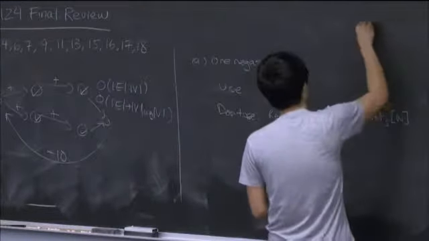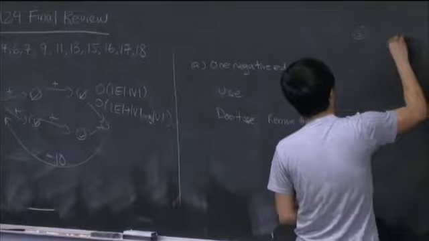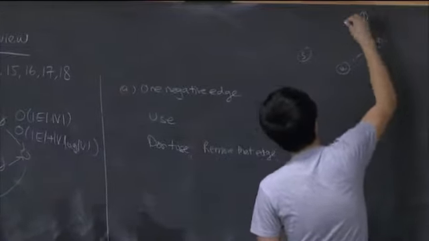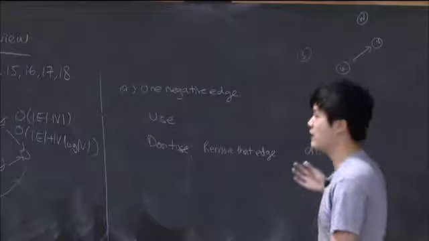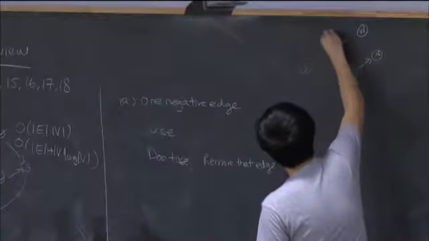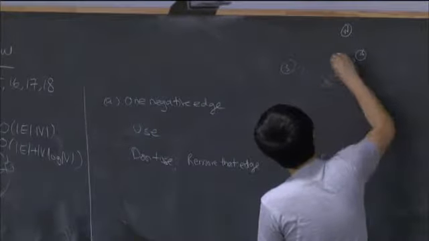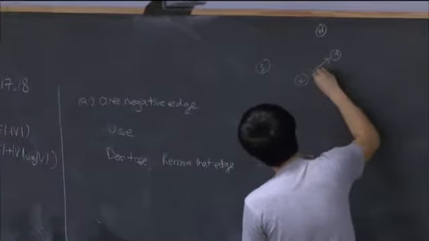By the way, let's say that s is our source, the edge that's negative is some edge uv, and our goal is to get to w. Either that shortest path just goes that way and doesn't use that edge, or maybe the shortest path uses the edge and goes like that. So this is some negative number.